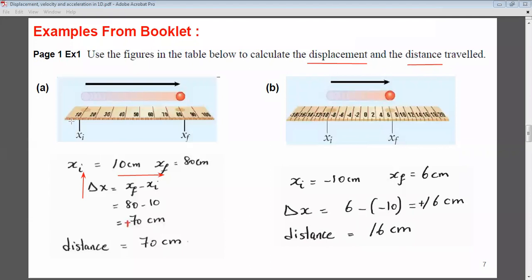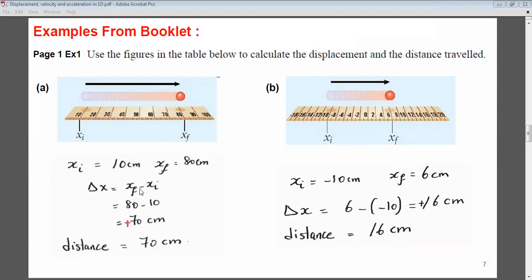So let's start with the first example. How much is x initial? It's 10 centimeters. X final, 80 centimeters. It went from x initial 10 centimeters to x final 80 centimeters in this direction.